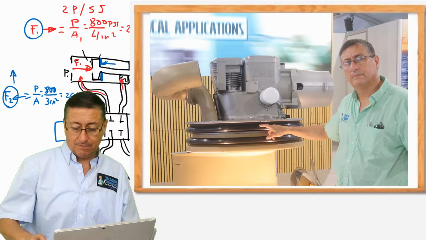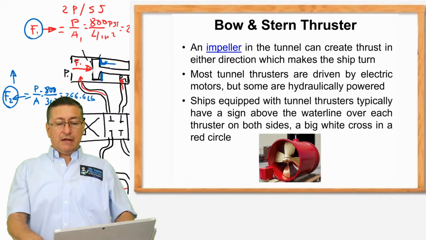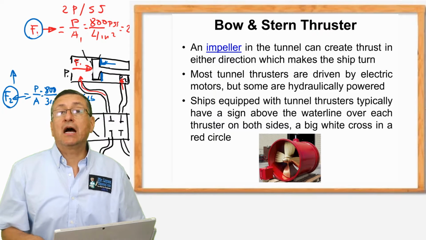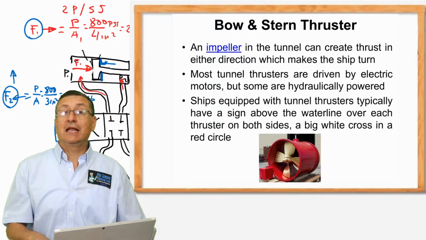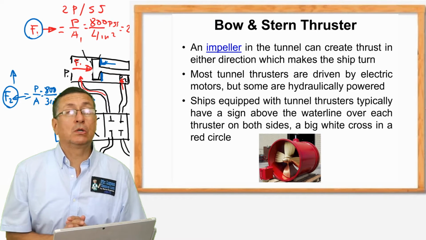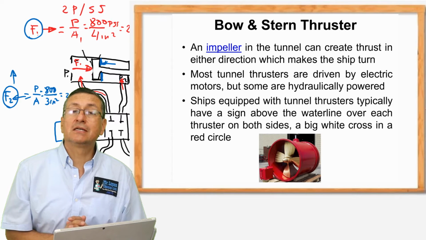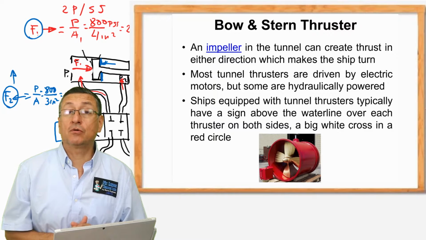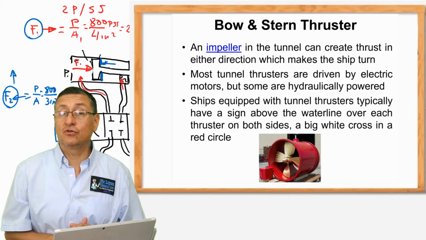I love that design. All right, and now we are going to try to select the appropriate bow thruster, and we are going to check where in the boat the bow thruster should be located. There are a lot of considerations in relation to that decision.